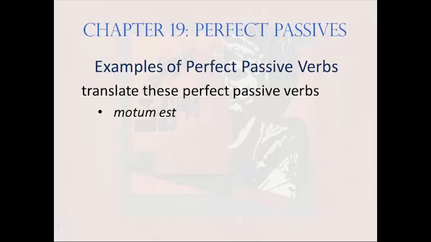For starters, motum is a perfect passive participle. It comes from moveo, the Latin verb that means move. So all by itself, motum means having been moved. In this verb, it's attached to a form of the present tense of the verb to be, est, the third person singular.